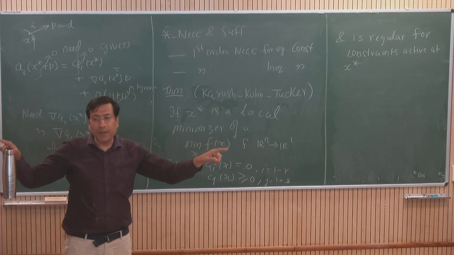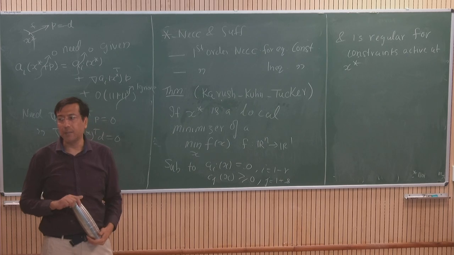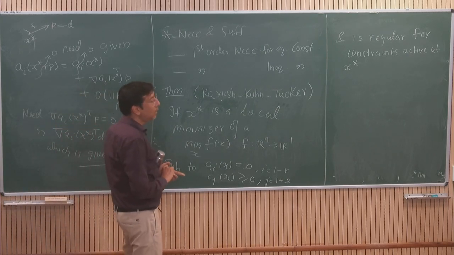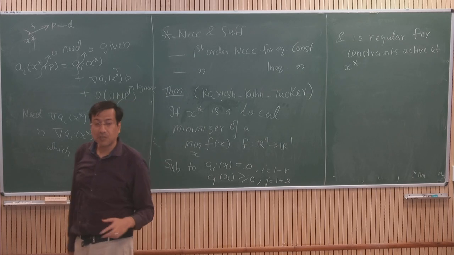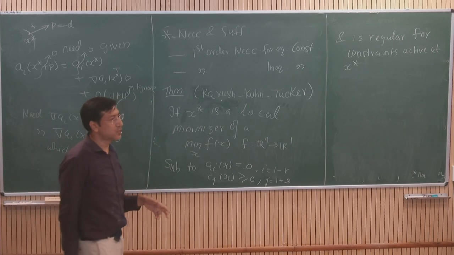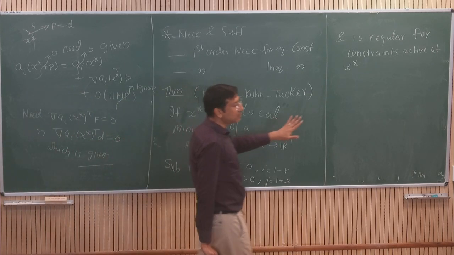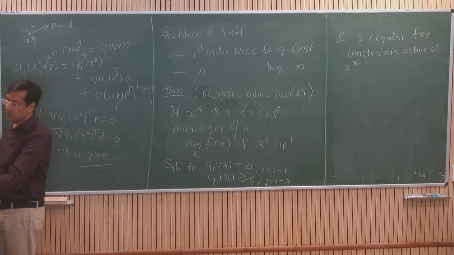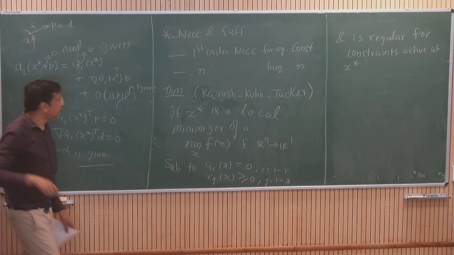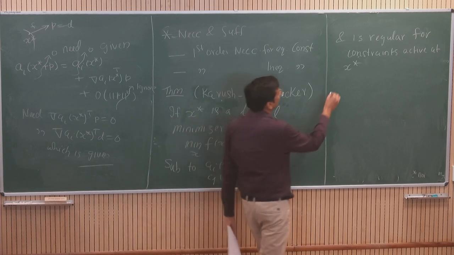All those sets of vectors should be linearly independent. That is what we assume. By the way, I have not given you the intuition about this linear independence, which I am going to give you next when we do the sufficiency conditions. This part I have skipped in the proof here. Okay. So assume that all that is given, it is a minimizer, then what should be true?